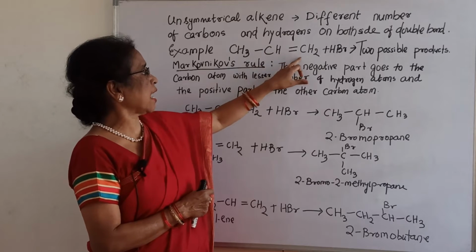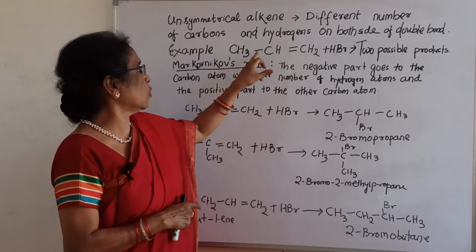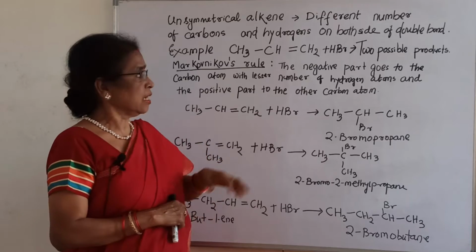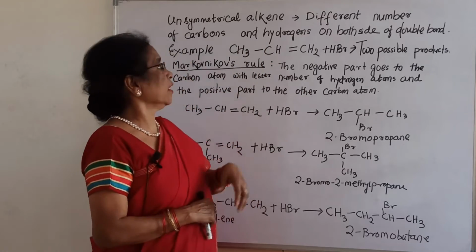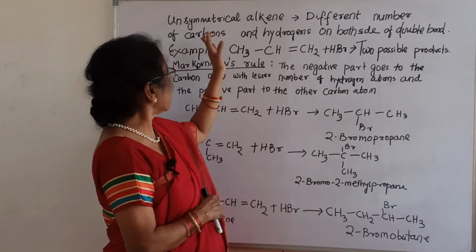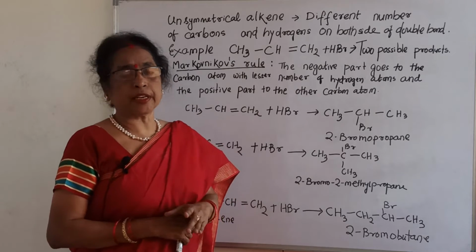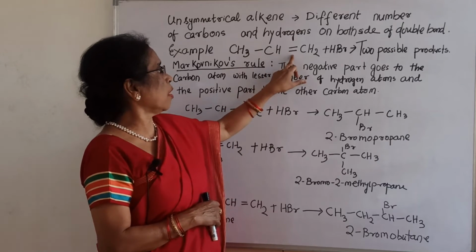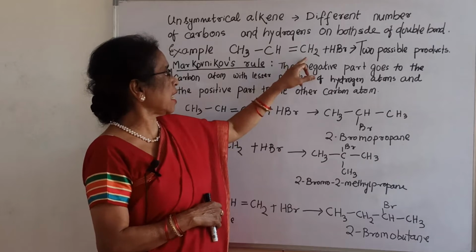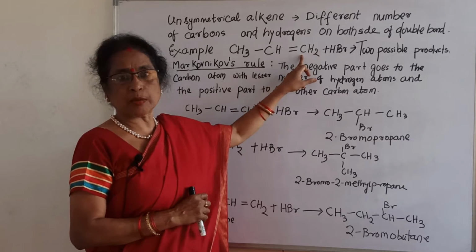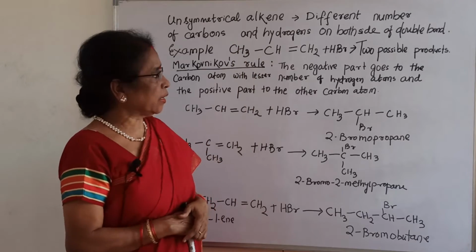You can see this side has only 1 carbon and 2 hydrogen, and this side has 2 carbon and 4 hydrogen. That is why it is called an unsymmetrical alkene. You can observe different numbers of carbons and hydrogens on both sides of the double bond. This is the double bond, this is the left side, this is the right side. On the right side 1 carbon, 2 hydrogen; on the left side 2 carbon and 4 hydrogen.